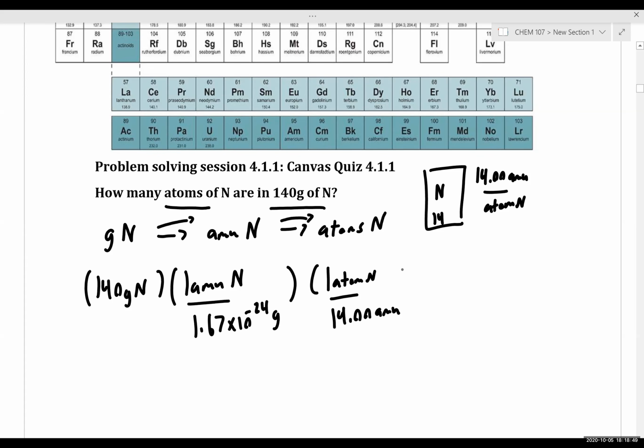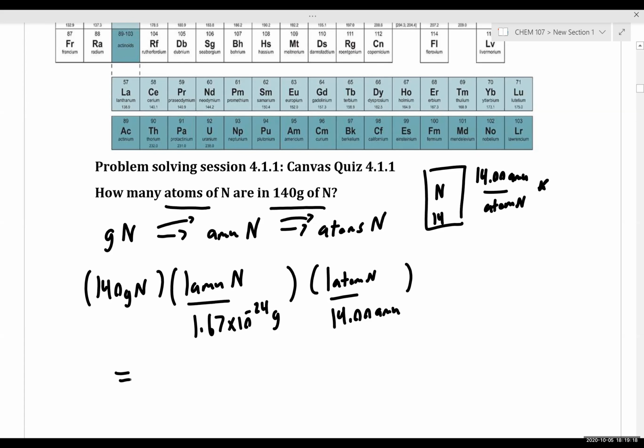I'm getting a little bit ahead of myself here. You'll see why in a moment, but there's a faster way to get through this problem that goes through moles rather than AMUs. To summarize, we went from grams of nitrogen to AMUs using our conversion factor, and then we can go from AMUs of nitrogen to atoms of nitrogen using our atomic mass.